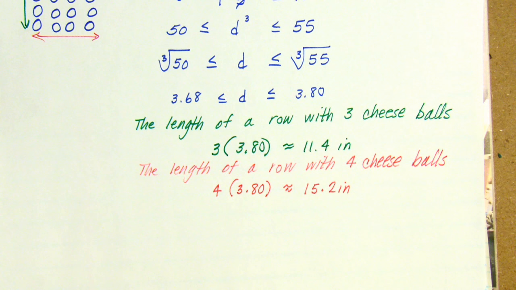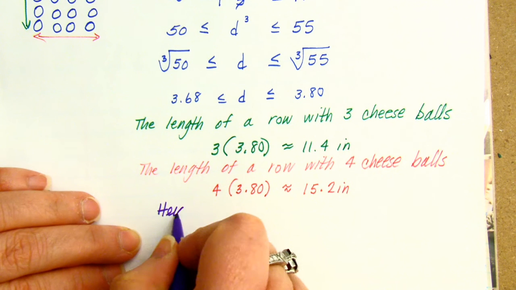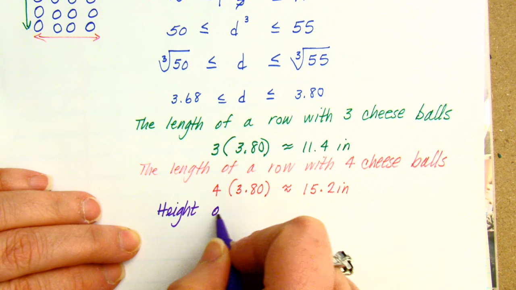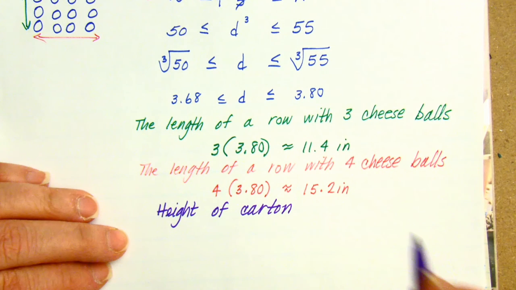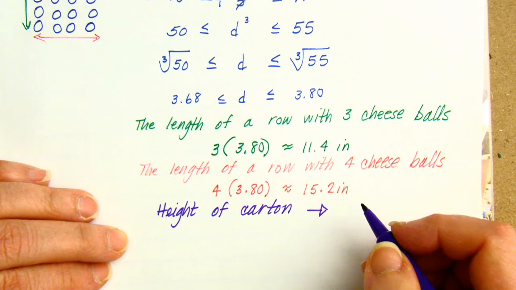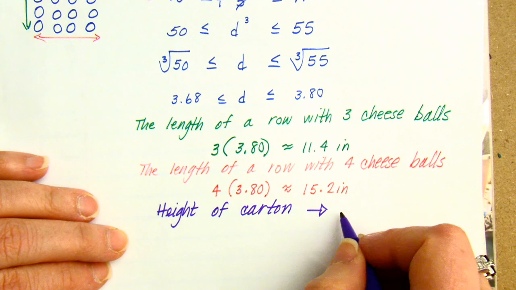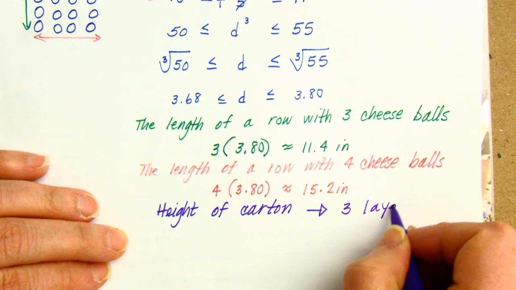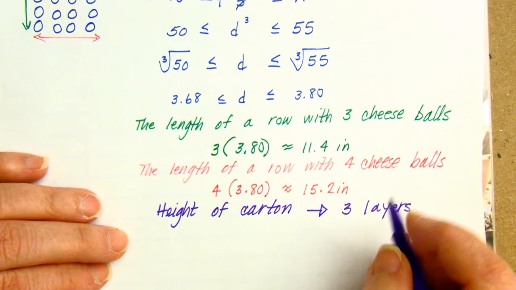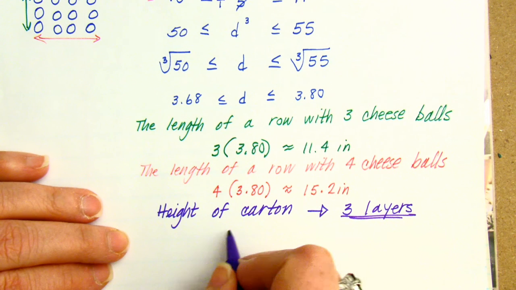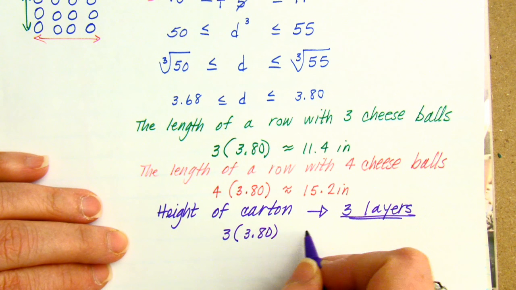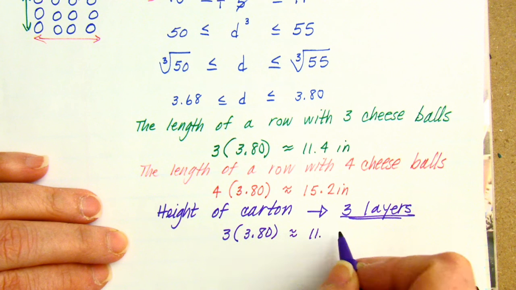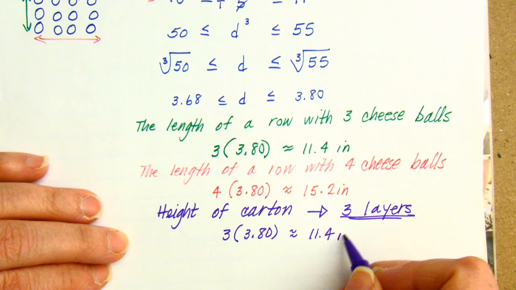Now, I have to figure out the height of the carton. Remember, we said we were packing this in a carton 3 layers of 4x3 or 3x4. So that also is 3 times 3.80, which is about the same as above, 11.4 inches.